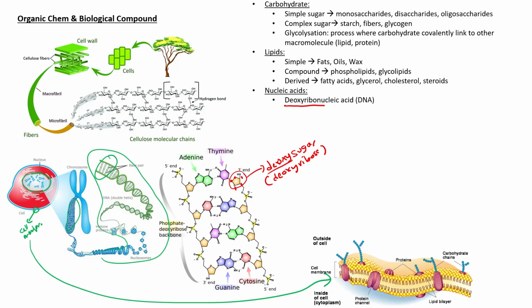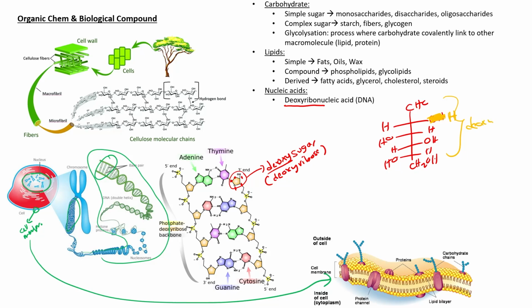What does it mean by deoxy? If you look at glucose, which we learn about later, glucose has OH and then H. Deoxy means that one OH, the hydroxy group, is replaced by H. So when you remove one hydroxy group and put in an H, this is what we call deoxy sugar.